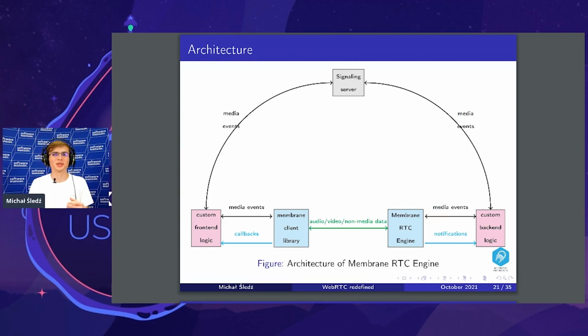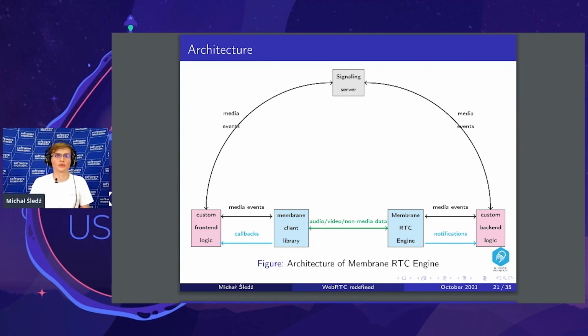In the opposite way, whenever the Membrane RTC Engine emits some media event and we pass it to the Membrane client library, the client library can call some callbacks, like on new peer joined, or on peer left. What's important here, we hide stuff related to SDP and ICE protocols in those media events, so that the user doesn't have to know anything about this.